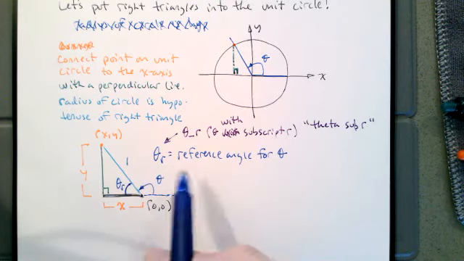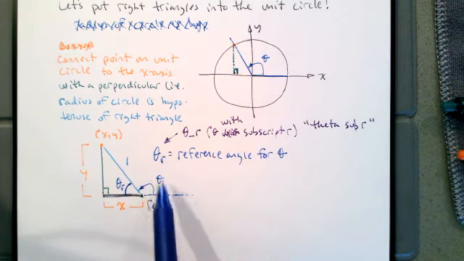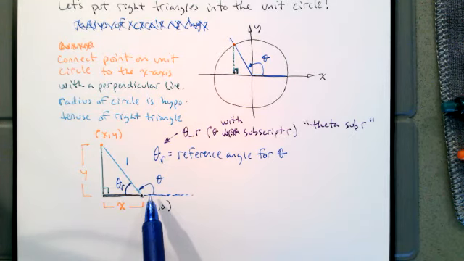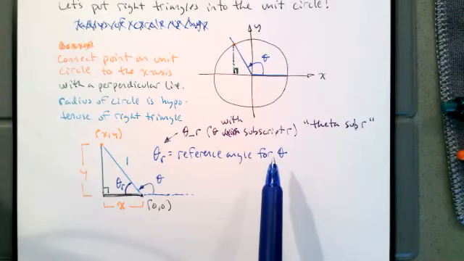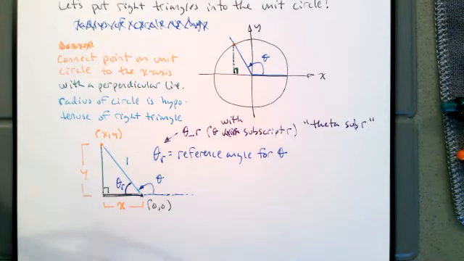We can always figure out what the reference angle for theta is, but it will change depending on what quadrant we're in. So the reference angle for theta changes depending on the quadrant.